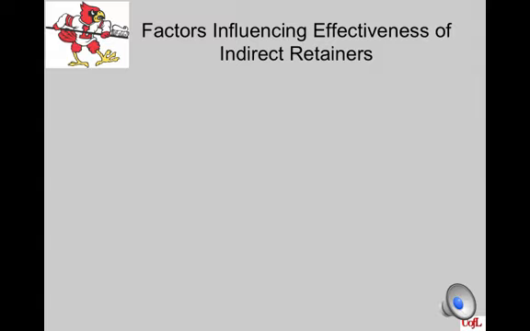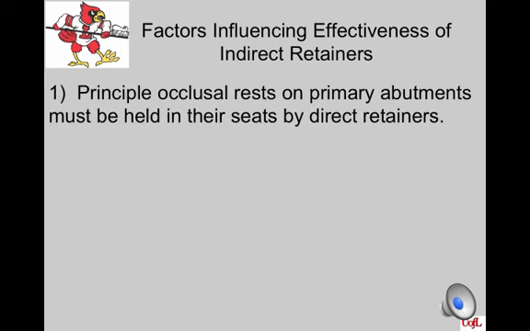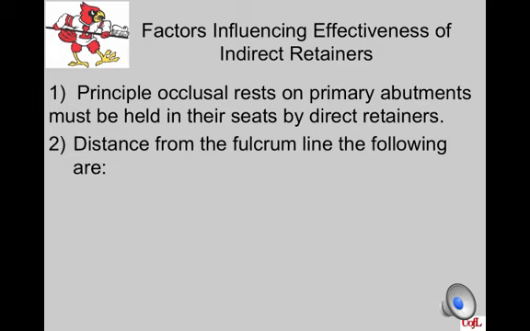There are factors influencing the effectiveness of indirect retainers. 1. The principal occlusal rest on the primary abutments must be held in their seats by retentive arms. If they're held in place properly, then rotation can't take place. 2 is the distance from the fulcrum line.